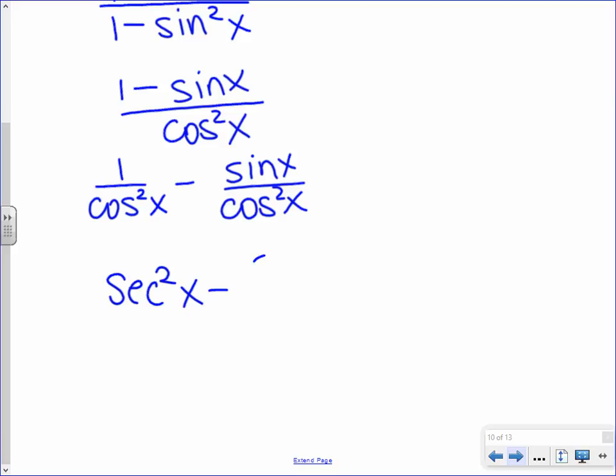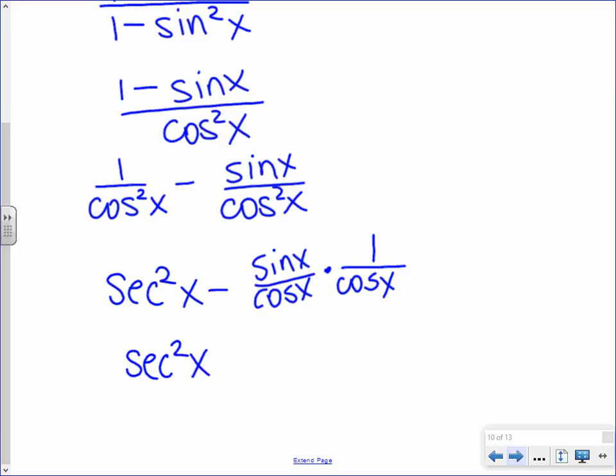So we can break this up into sine over cosine, because we know that can simplify to something, but then that leaves an extra cosine in the denominator, so we can write it as sine over cosine times 1 over cosine. So what we get is secant squared x minus tangent x secant x.